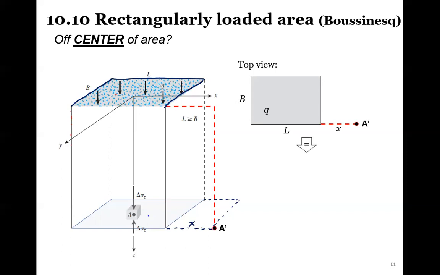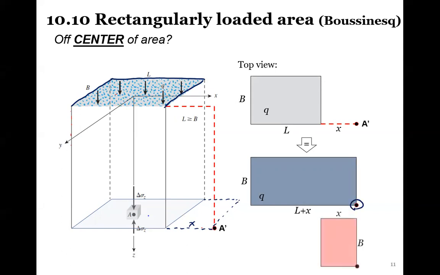Then how we analyze this is we assume a larger footing area under the corner, which is easy. And then we subtract out the footing area that doesn't actually have loading associated with it. We have to use the fun geometry and make sure the shapes line up so that we can analyze it, either under the corner or under the center of our rectangle.